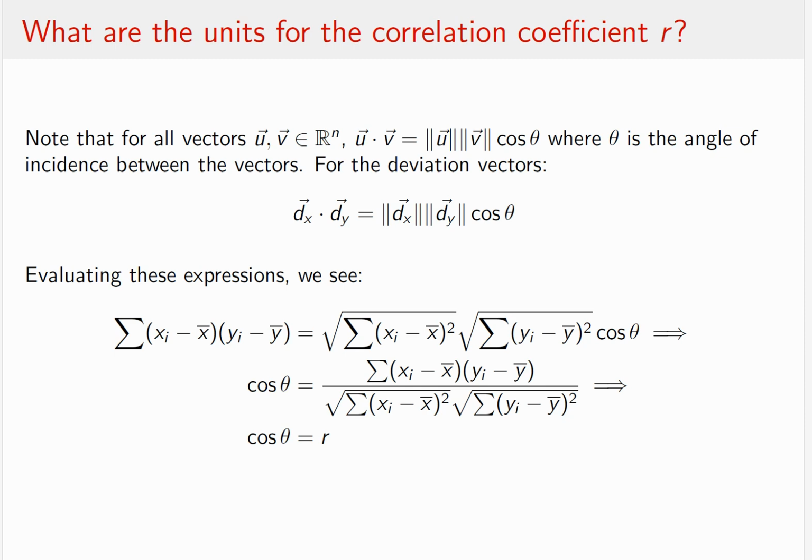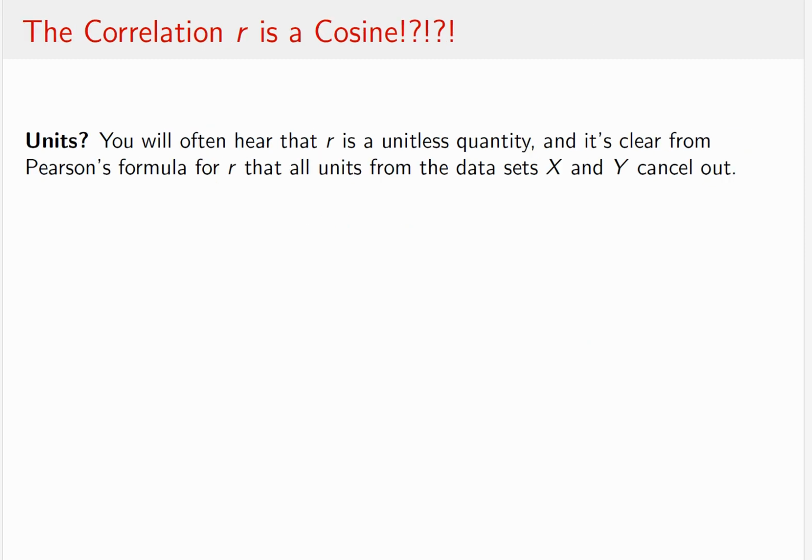When they're at right angles, they're independent of each other and don't have any correlation whatsoever. So it's a really nice formulation of the correlation, that it's a cosine, and it helps me remember how everything works, what the interpretation is. So in statistics, we say that R is a unitless quantity, and that's true.